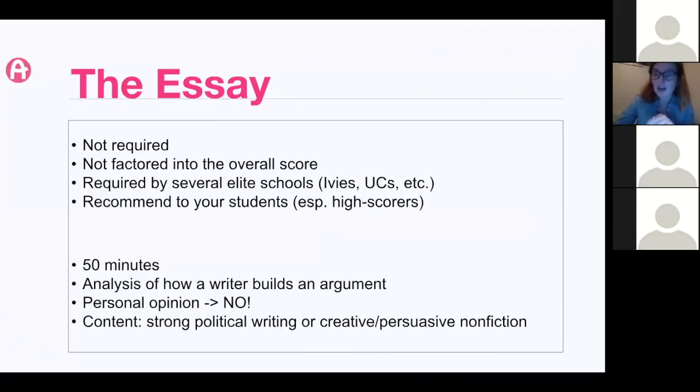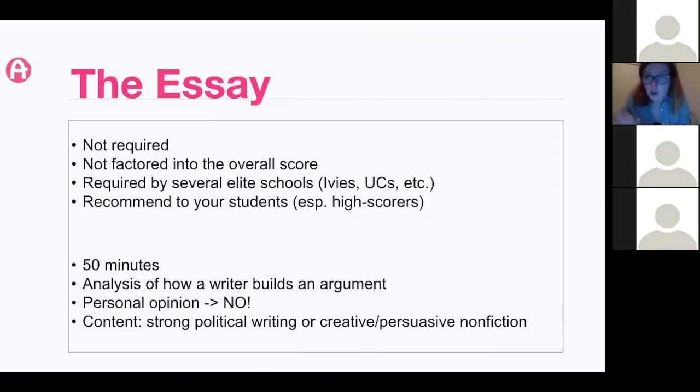But it is recommended by most every competitive and highly selective school. So especially for your higher scoring students, I would encourage you to recommend the essay to them 100%.